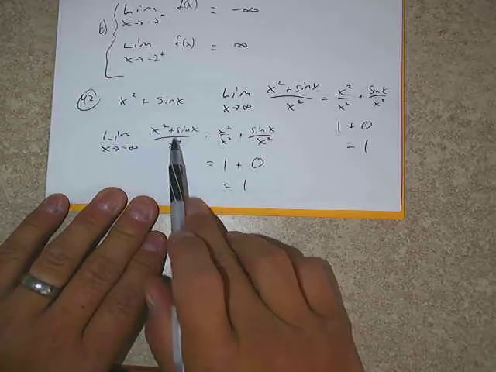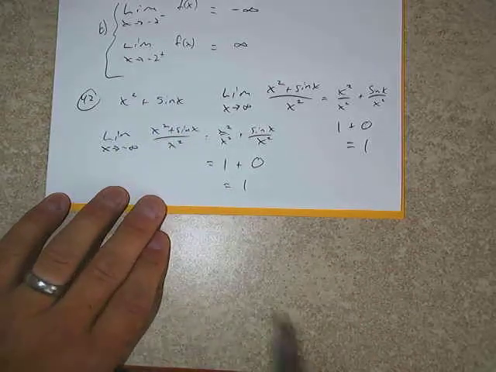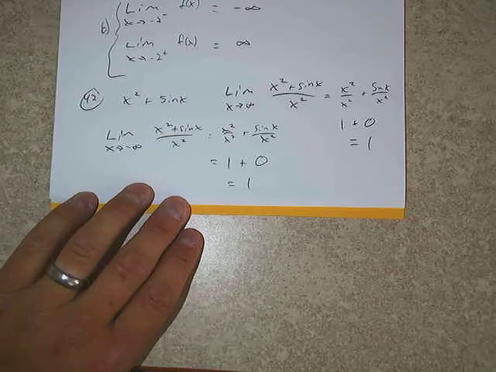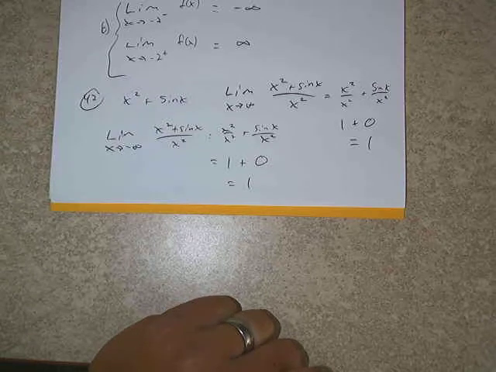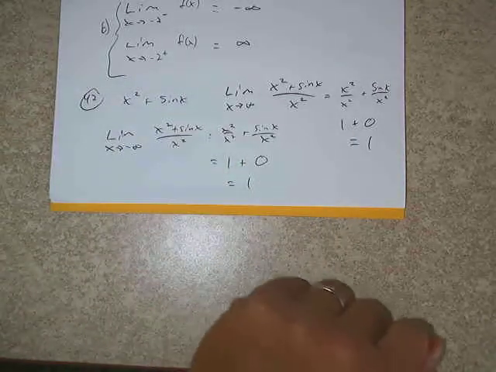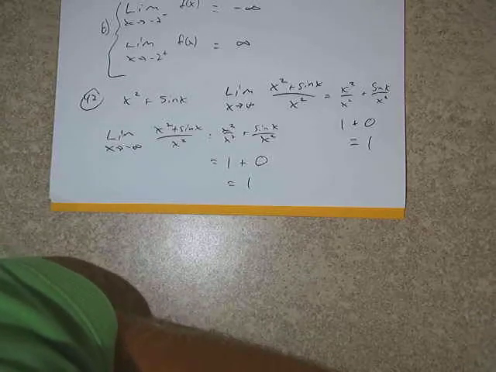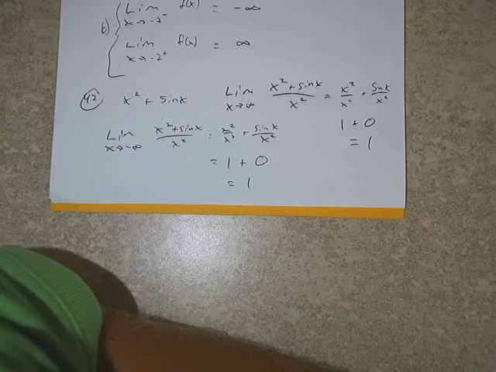So the limit of that ratio as x approaches negative infinity is 1, which means these two behave the same at negative infinity, and therefore x squared, a simpler function, is the left-hand behavior model for this function. So for parts A and B, both answers would be x squared, and here's our proof.